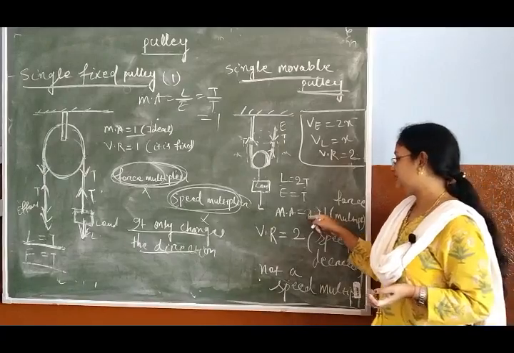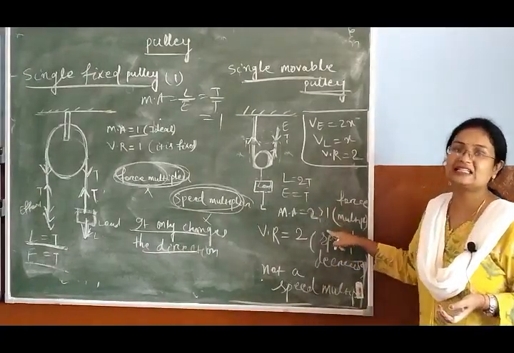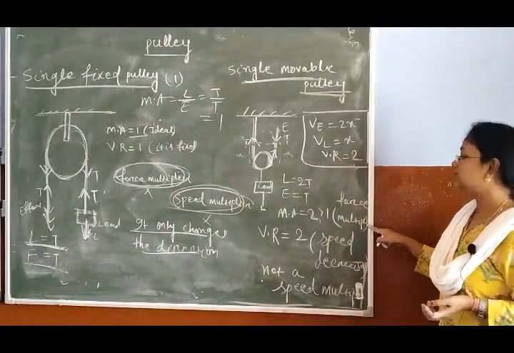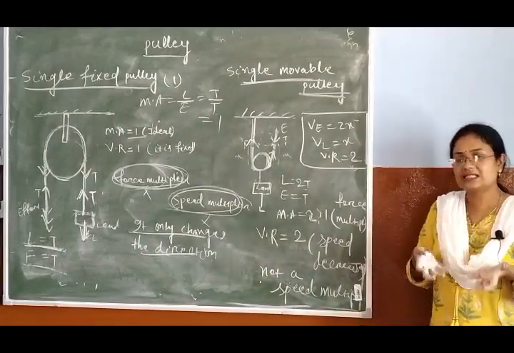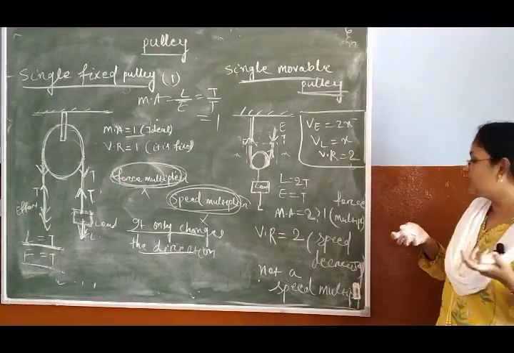Here mechanical advantage is 2, greater than 1, so it is used as a force multiplier. Even if a small force is applied as effort, it can lift a heavy load.